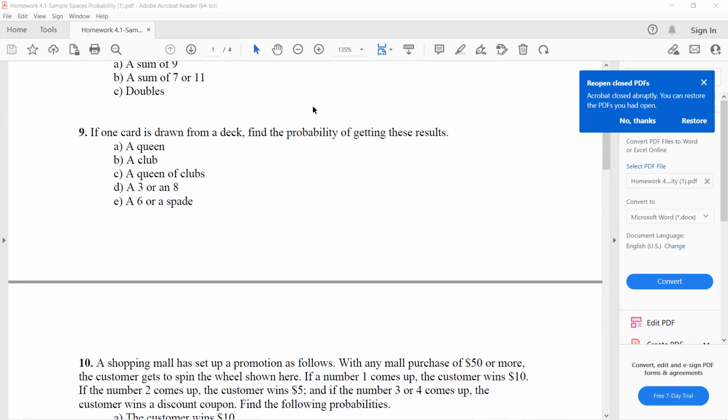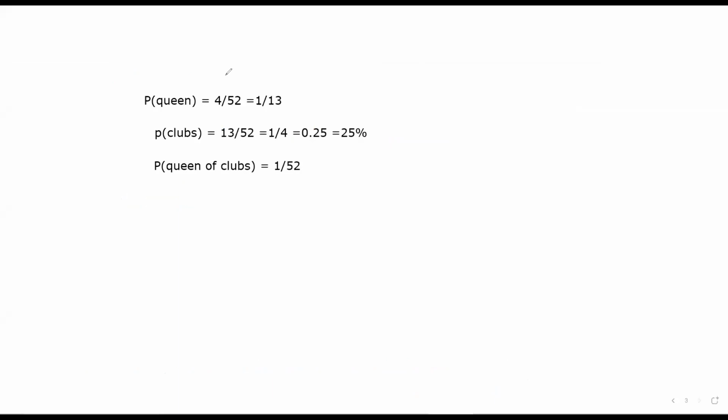So the probability of 3 or 8 means we get the probability of 3 plus the probability of 8, right? So now, how many ways are there to get a 3? How many 3s in the deck?